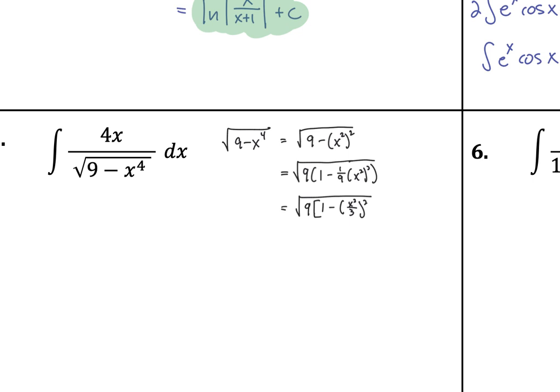But since you're going to be squaring whatever comes in here, to get it out you have to square root this 1/9 to be a 1/3, and then you can bring it inside. Okay, and then just notice if you square this, you get x to the 4th over 9, which is really what this is. So you get the same thing. Okay, and then now we'll bring this 9 out, and it'll come out as a 3. So now we have it just like we want.